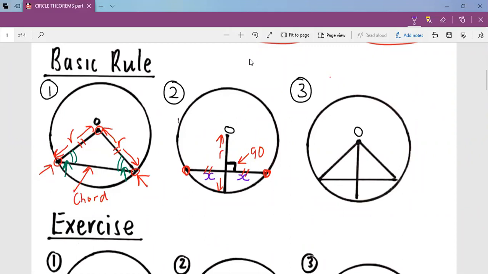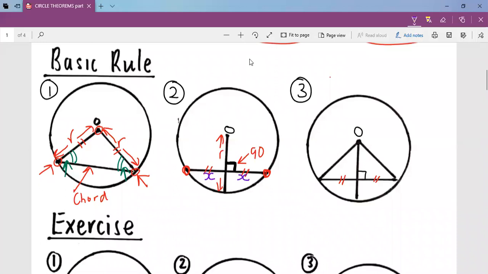Now, let's go to number 3. Number 3, as I said, is a combination of the two, number 1 and number 2. So properly you can see a triangle, and properly you can see the radius, which is bisecting the chord. So without forgetting, we said, if that radius cuts the chord at 90 degrees, this chord has been cut into 2 equal parts.